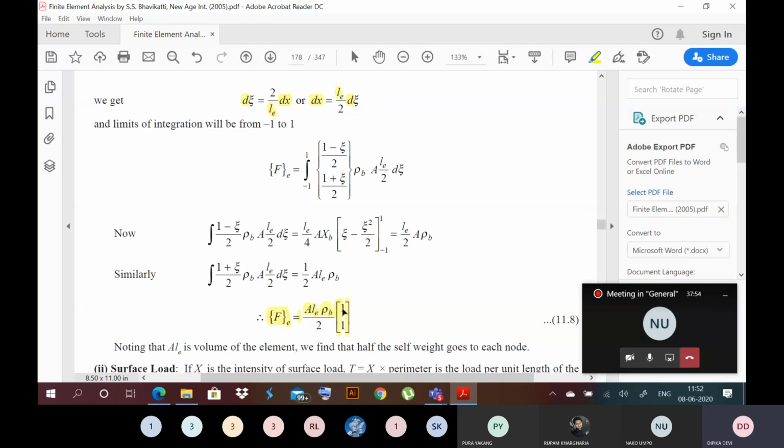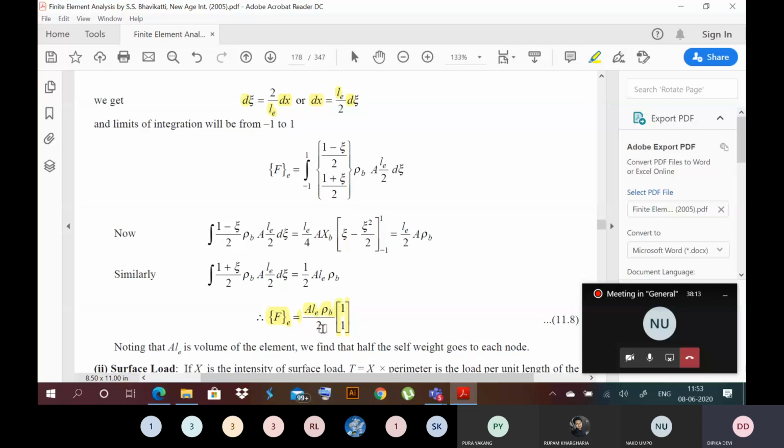So half of the weight is contributed to each node. A le rho by 2 into 1 is the contribution of the body force at node 1, and A le rho by 2 into 1 is the contribution at the other node. So they are now the nodal loads for the element.